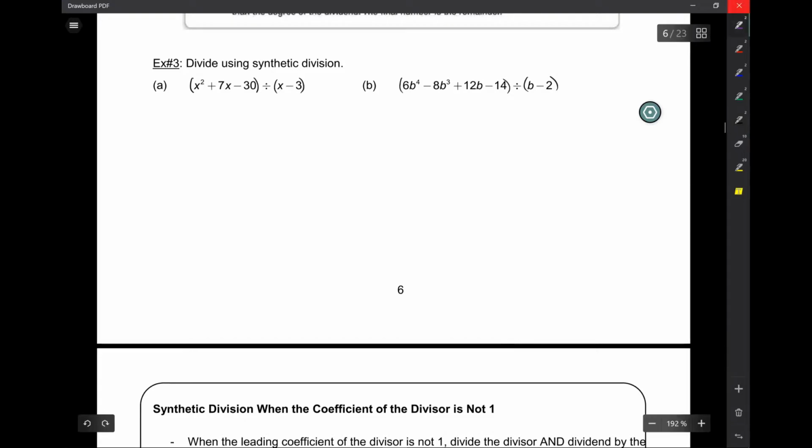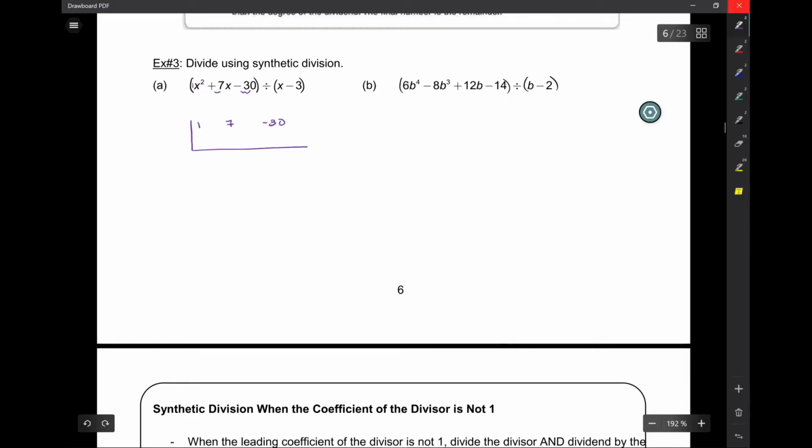First, make sure all your exponents are there in decreasing order. So x to the power of 2, 1, 0. Okay, now, here, we put in just the coefficients. So here we have a coefficient of 1, 7, negative 30. Make sure you take the negative along.